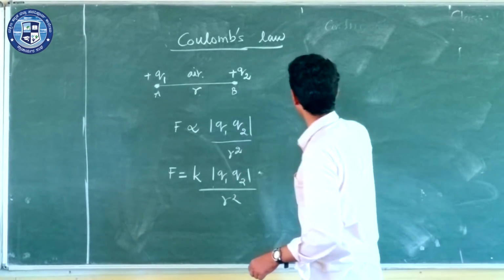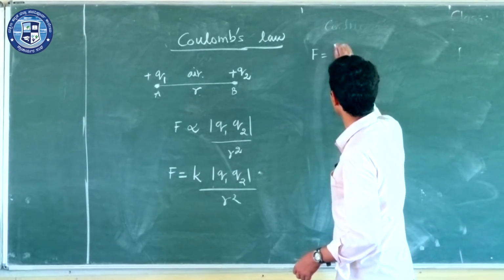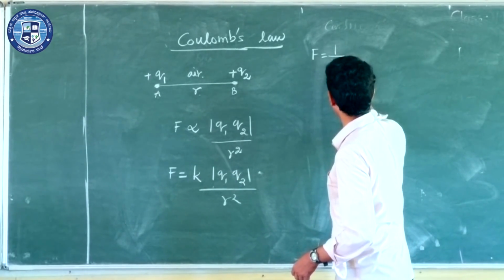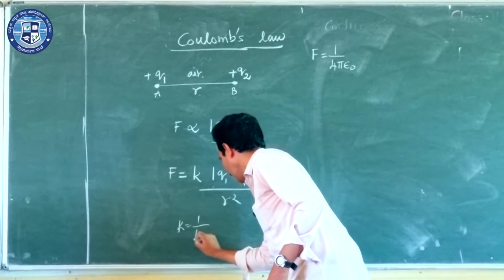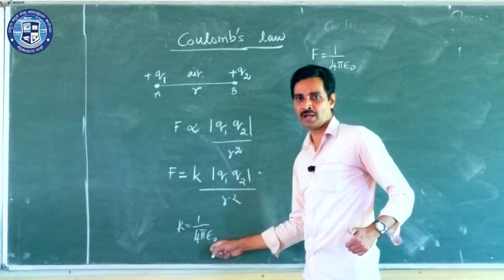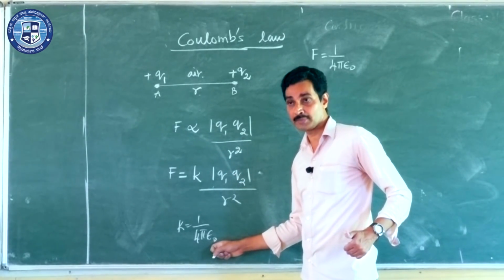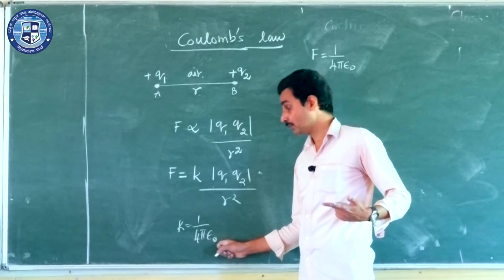So if you want to write F is equal to k, and that k is nothing but 1 by 4 pi epsilon naught. So I will write k is equal to 1 by 4 pi epsilon naught. This is a new constant or new word that you get. This is a Greek letter, epsilon naught. Epsilon is a common word, and epsilon naught is for air.